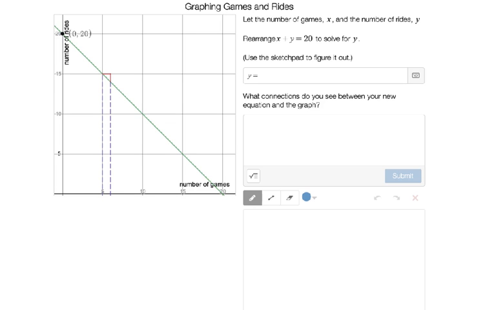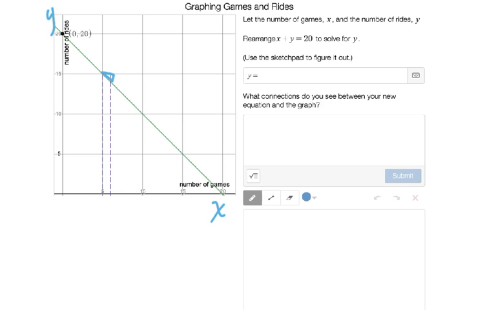This next slide says, okay, so now take a look. I've got the line. I see that I've got my y-axis and I have my x-axis. And we've got number of games as x and y is the number of rides. I want you to note that they've got this space drawn, and you can see this little triangle right here.